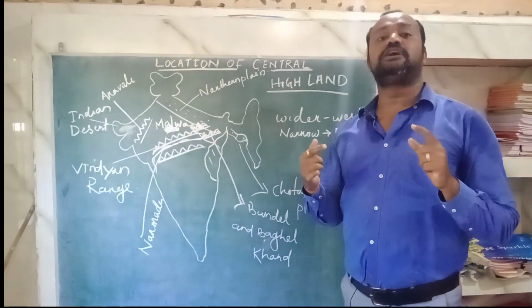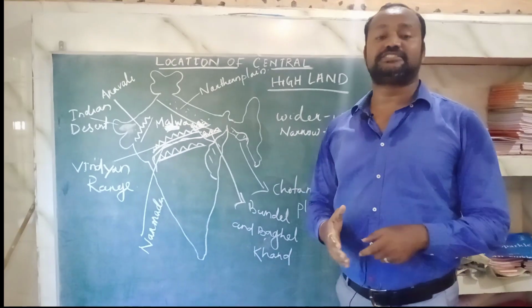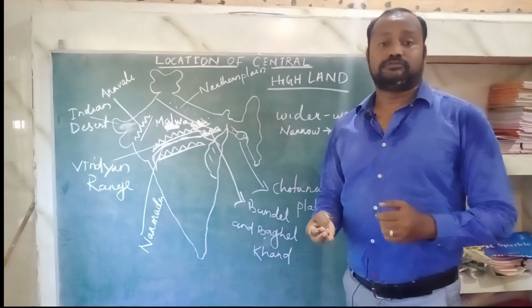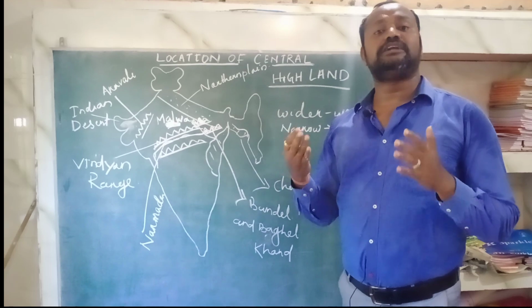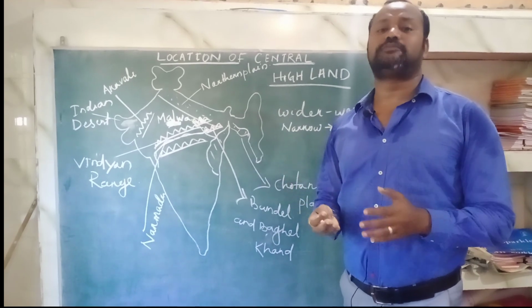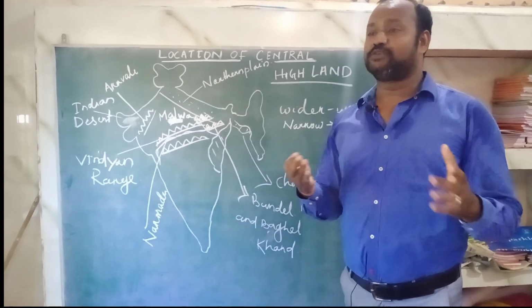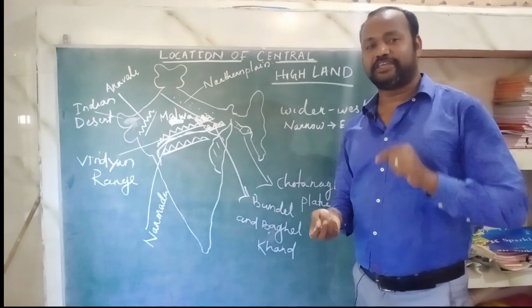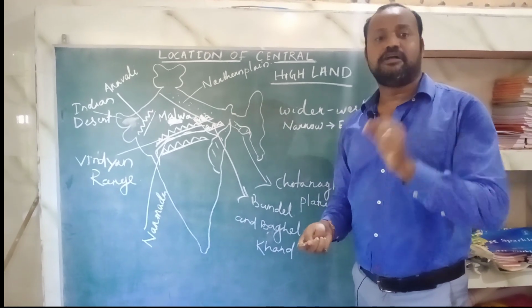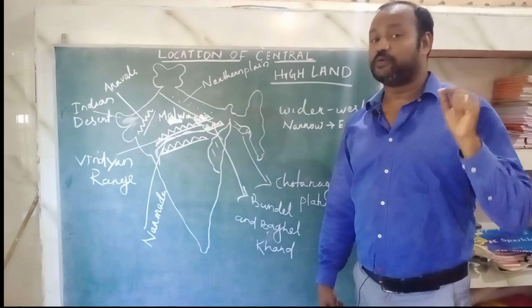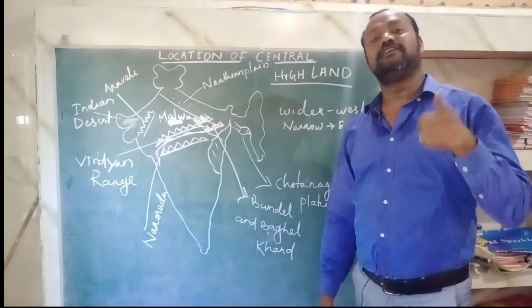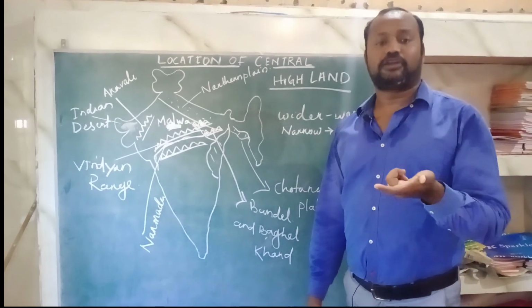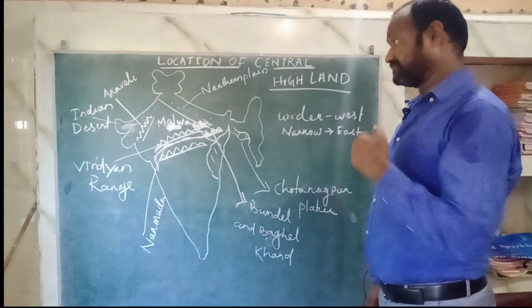So which are the eastern and northern eastern extensions of Central Highland? Bundelkhand, Baghelkhand and Chota Nagpur Plateau. As we know, Chota Nagpur Plateau is a very important plateau in terms of mineral deposits, which we are going to discuss in the forthcoming classes.